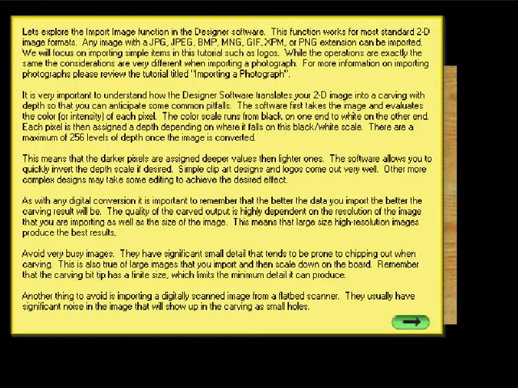This means that the darker pixels are assigned deeper values than the lighter ones. The software allows you to quickly invert the depth scale if you desire. Simple clip art designs and logos come out very well. Other complex designs may take some editing to achieve the desired effect.